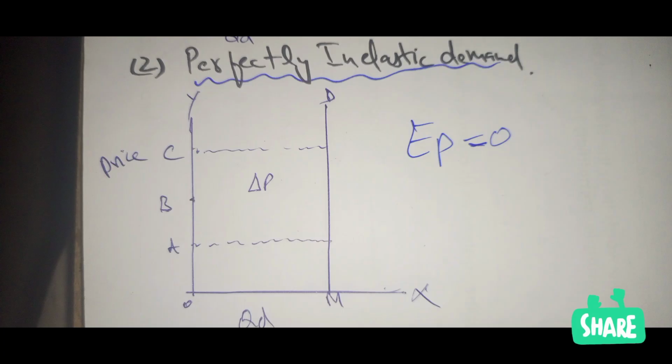Further, the price increases higher from A to B to C. Now we can say the change in price is A to C. Here it means increase in price from A to C, whereas we can see that demand is still at its position, which is DM.